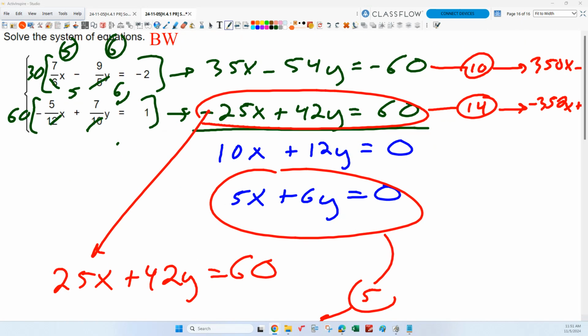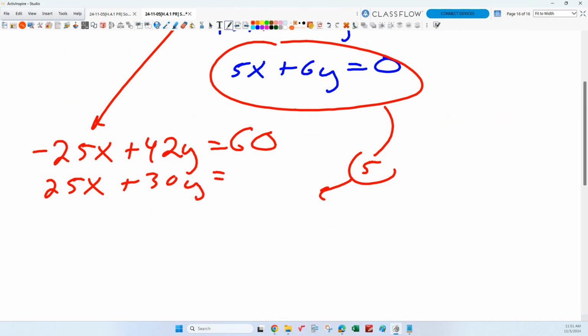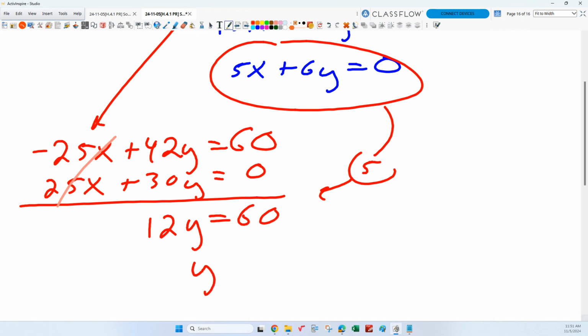Yeah, it's supposed to be negative. Multiply this guy by 5, I get 25x plus 30y equals 0. Add those up, those guys cancel. I get 12y equals 60, so y equals 5.